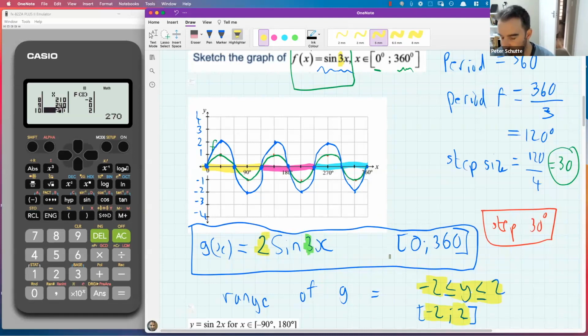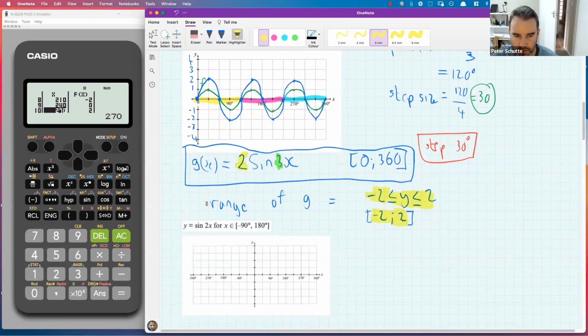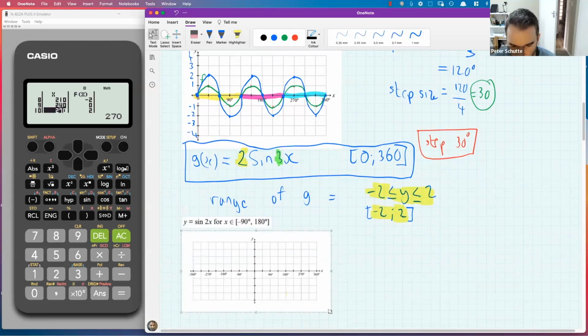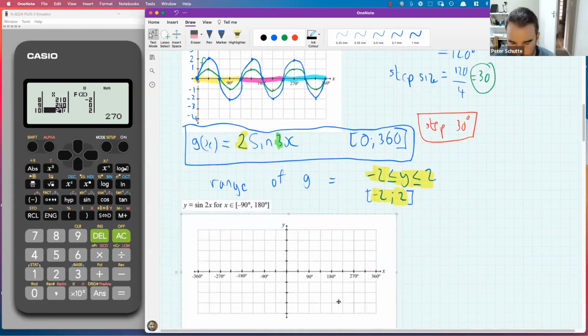I think I'm liking what I'm seeing, and I want to squeeze in one more before the break. So your final question before the break is, I want you to draw me the graph of y equals sine 2x if the domain is from -90 to 180.